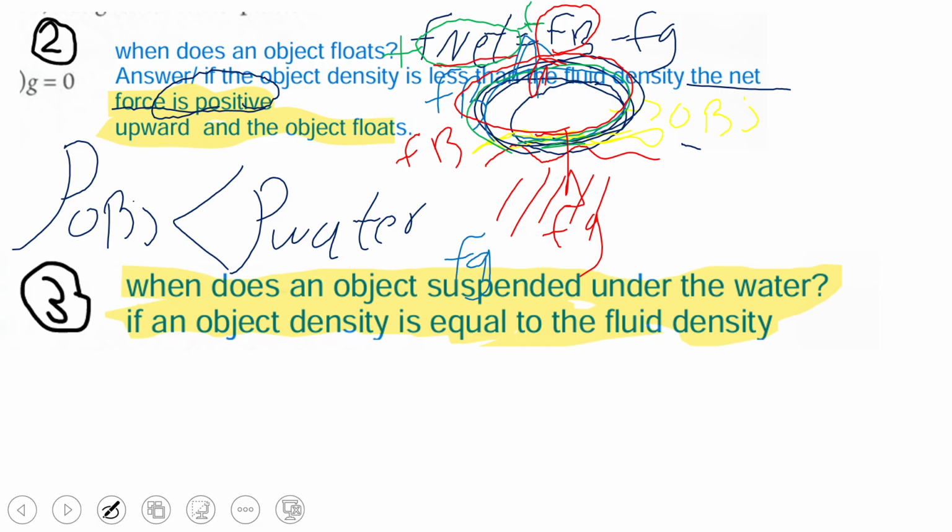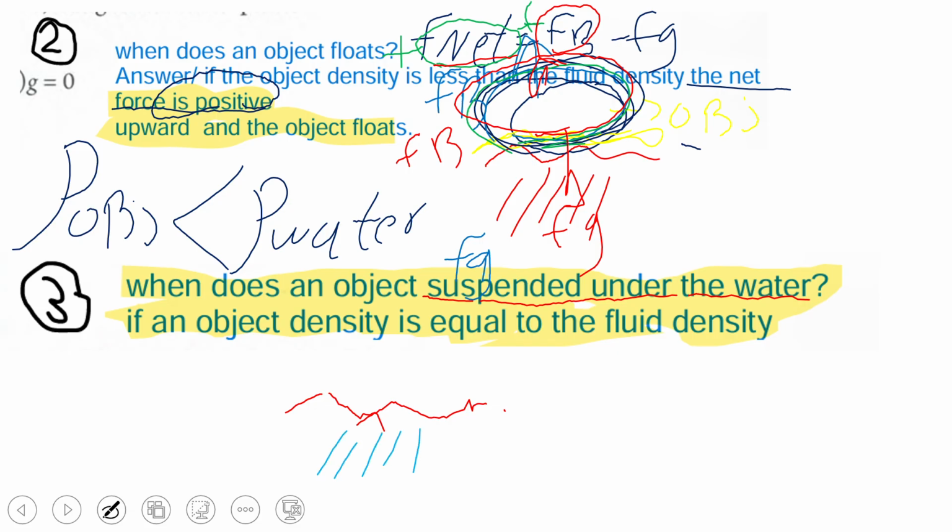The last question: when is an object suspended under the water? You know what that means? Again, we have the surface of the water. In that case, this is water.